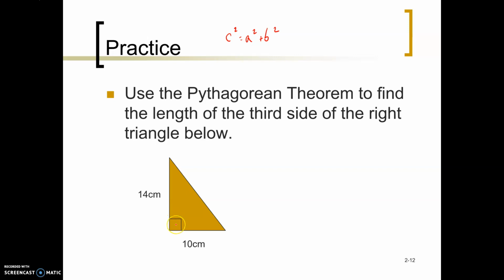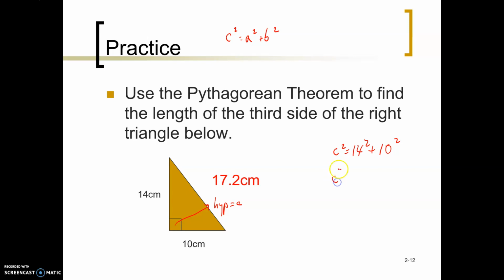Now, since this side is opposite the 90, it is the hypotenuse. It is c. So c squared equals 14 squared plus 10 squared.